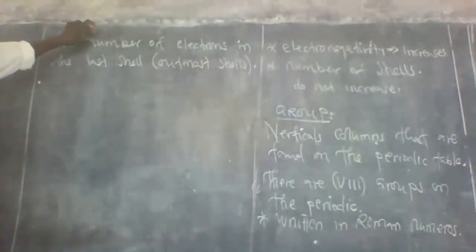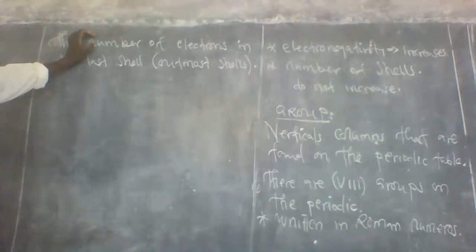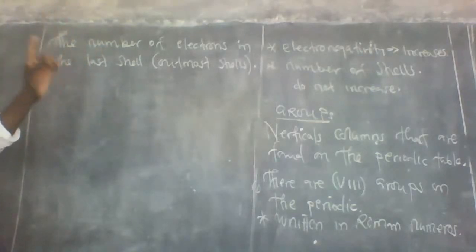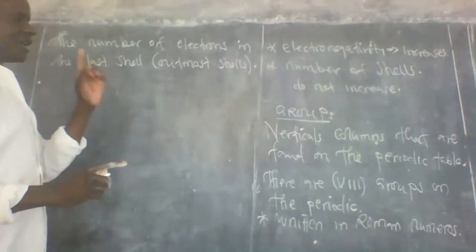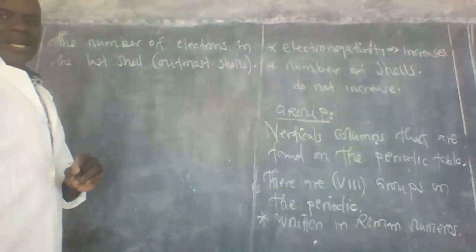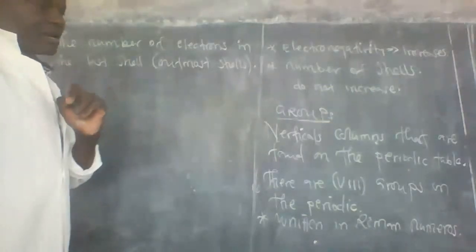So the groups are there to tell us the number of electrons in the outermost shell. So that means if an element has one electron in the outermost shell, after writing the configuration, that element is likely to be put in group 1.